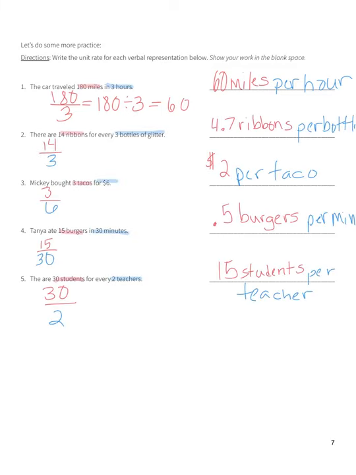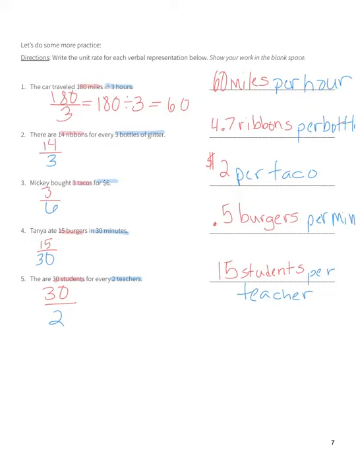Hopefully you had a chance to try these on your own. Your job right now is to check your work. There are some in here that are not whole numbers, which might be a little bit confusing or unexpected, but that might happen. So we have 14 ribbons, 3 bottles of glitter. 14 divided by 3 is 4.7. 4.7 ribbons per bottle.